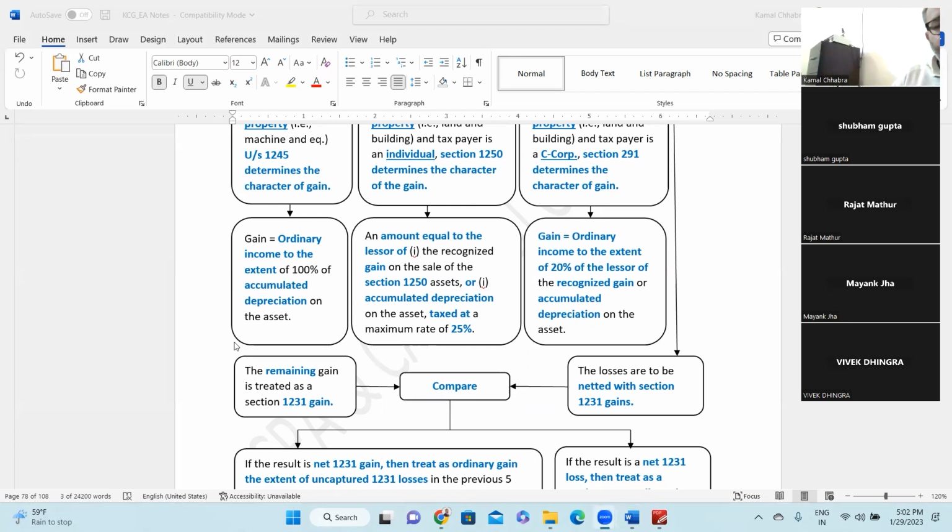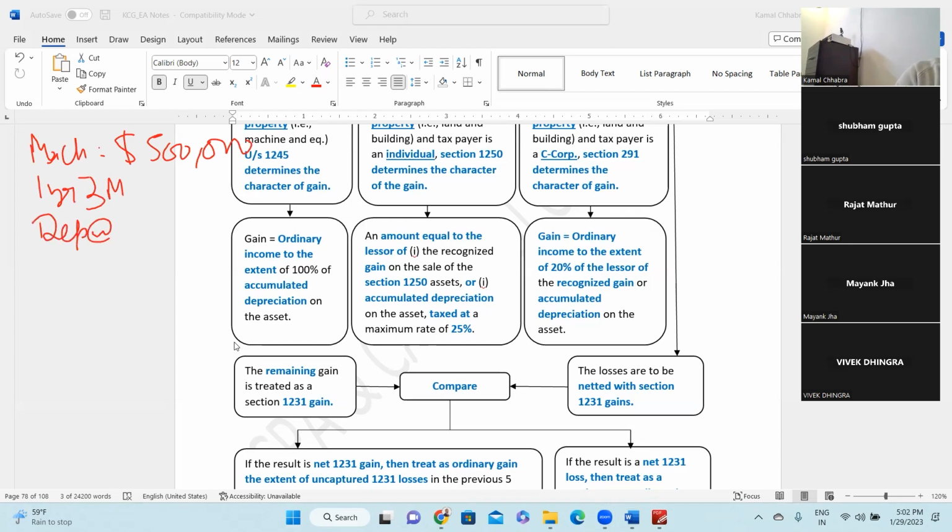Let's draw an example here. Let's assume you have invested in a machine of $500,000, and you have held it for 1 year, 3 months, and you have depreciated at the rate of, let's say, 10%.